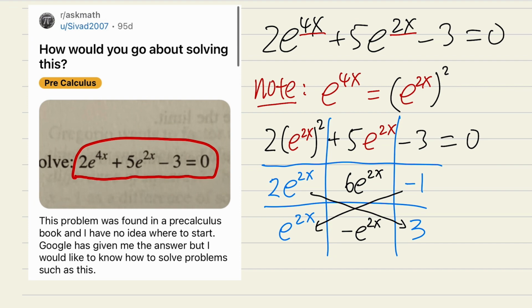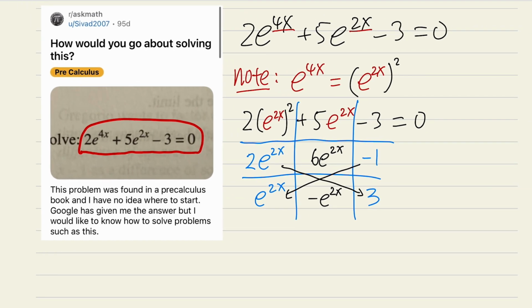So after you find the factoring, this is how you can continue. You go across for the factoring. The first factor is 2e^(2x) - 1. The second factor is e^(2x) + 3.